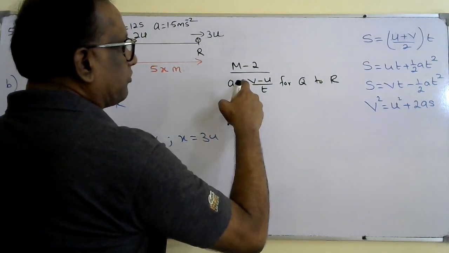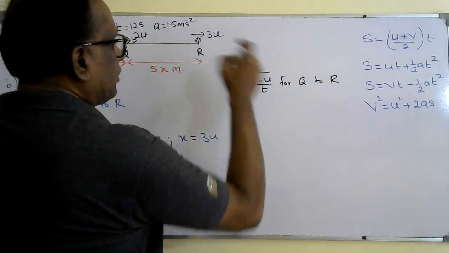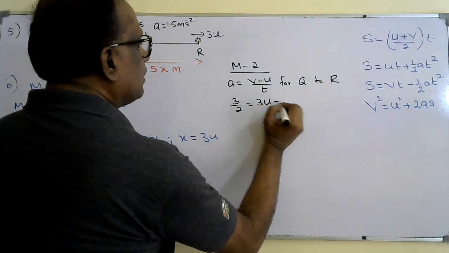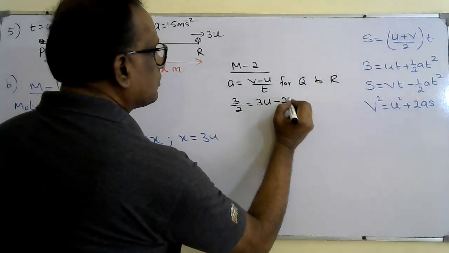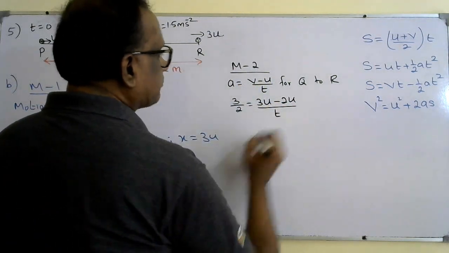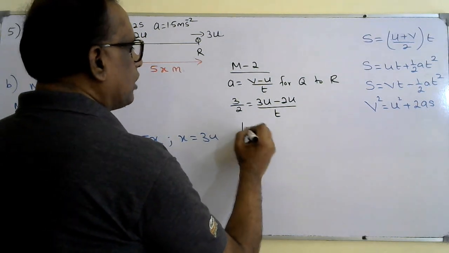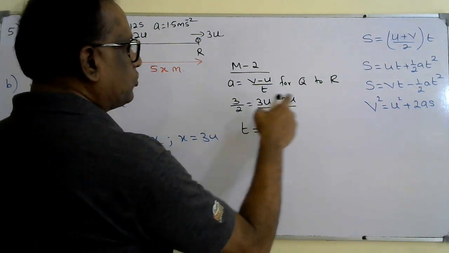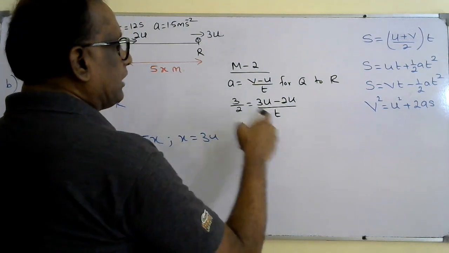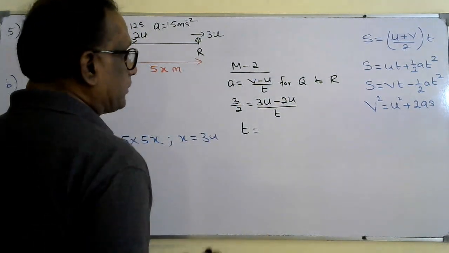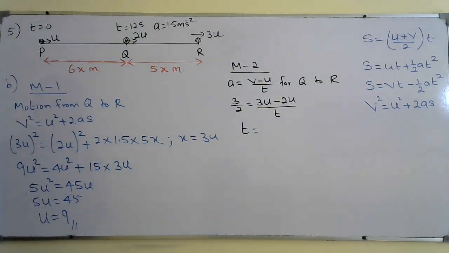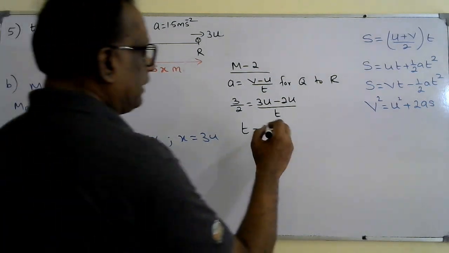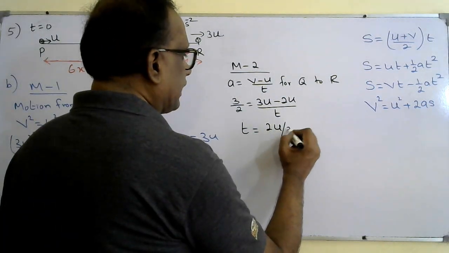For Q to R, R is the final point where the velocity is 3u, and Q is the initial point where the velocity is 2u, over t. I am going to find the time. So solve it. You will get t equal to (3u minus 2u) over 3 by 2, that is u over 3 by 2. So t will be 2u by 3.